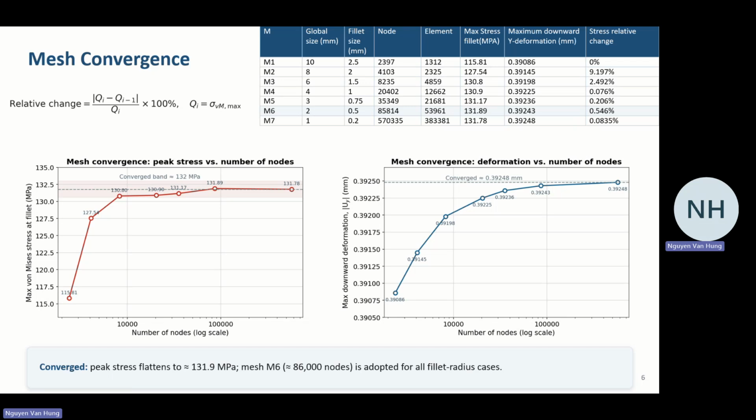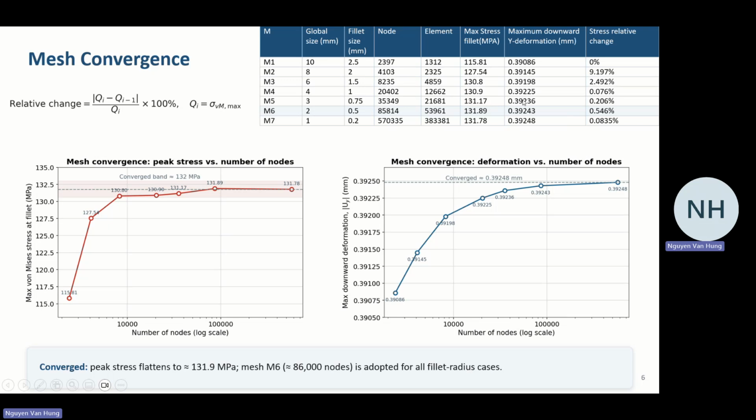To trust the stress, I ran a convergence study on the R5 geometry, refining the mesh from about 2,000 up to over 500,000 nodes. The relative change is the formula at the top here. As the two charts show, both peak stress and deflection flatten out quickly beyond about 20,000 nodes, and the change is under 1%.